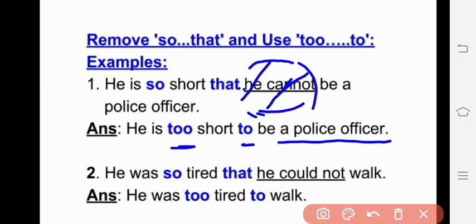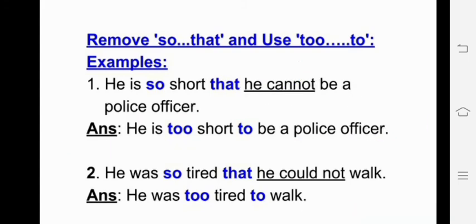So when we apply to, you must write the same statement without the negative formation. That means you should remove cannot or could not, and then frame too and to. So the answer is like that: he is too short to be a police officer. The rest of the sentence you have to keep as it is.